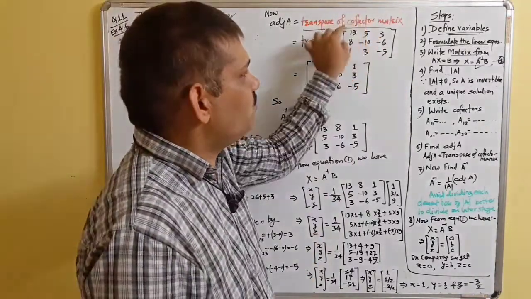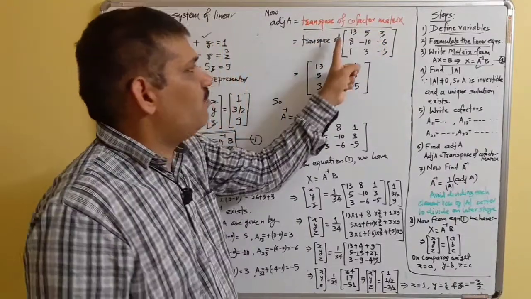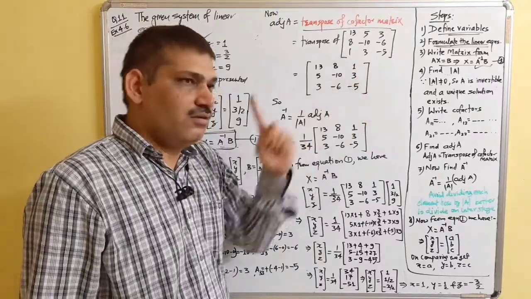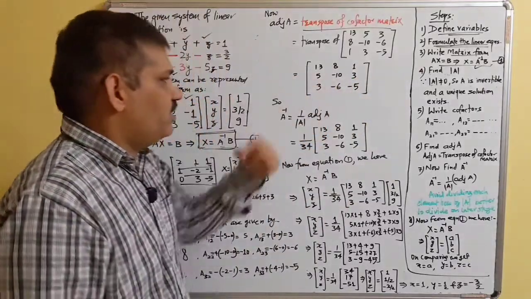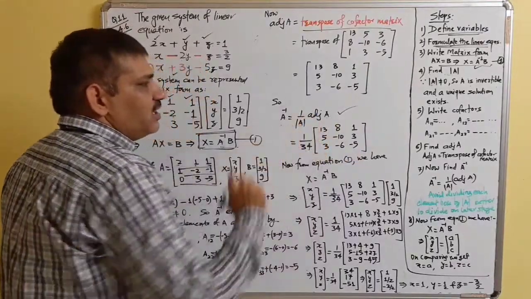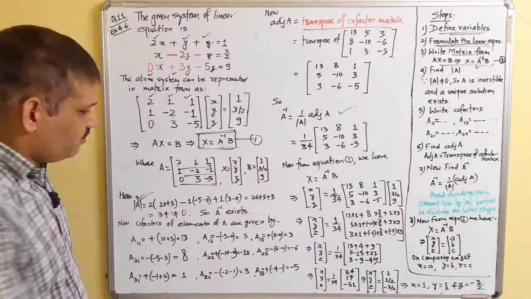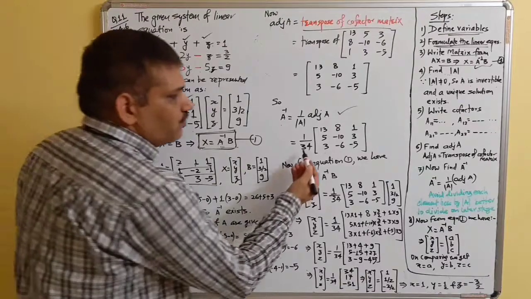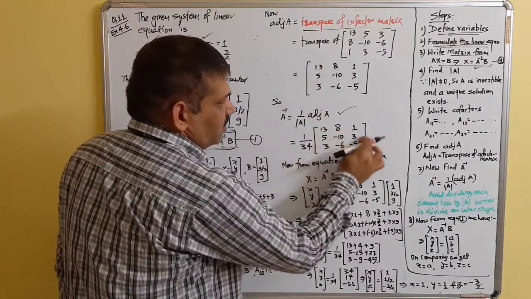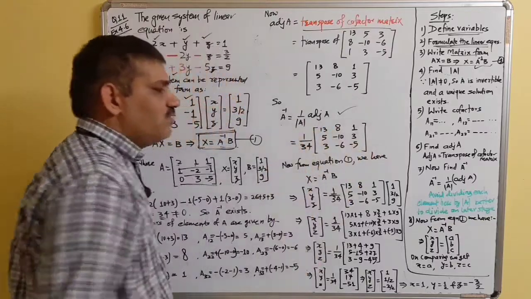Now we take the transpose. The first row becomes the first column, the second row becomes the second column, and the third row becomes the third column. So this is adjoint A. Now A inverse is 1 upon determinant A times adjoint A, and the value of determinant A is 34. So 1 upon 34 times 13, 8, 1; 5, minus 10, 3; 3, minus 6, minus 5.